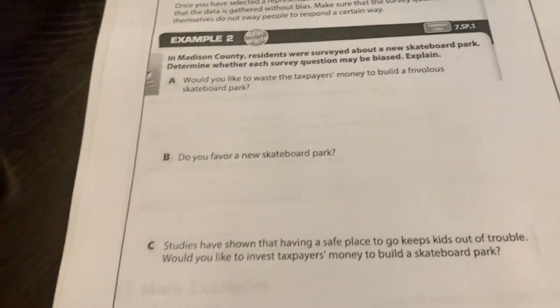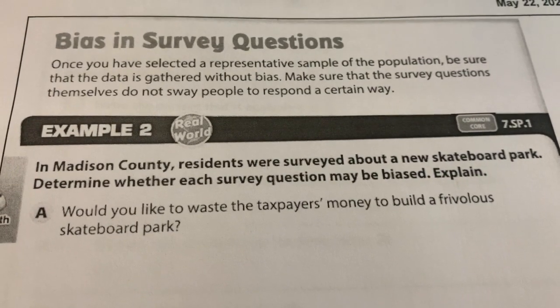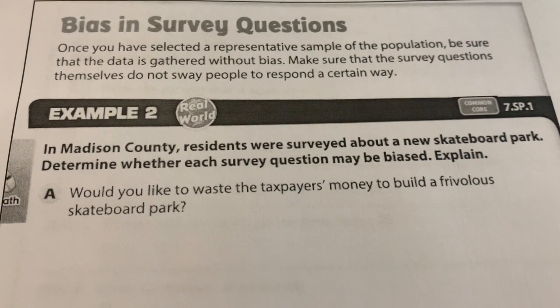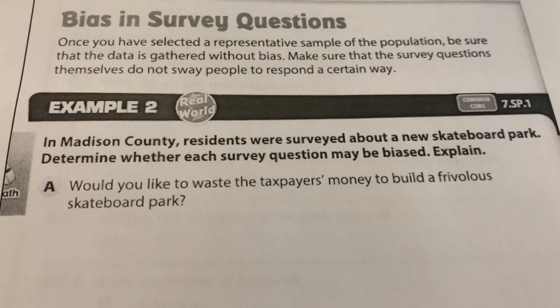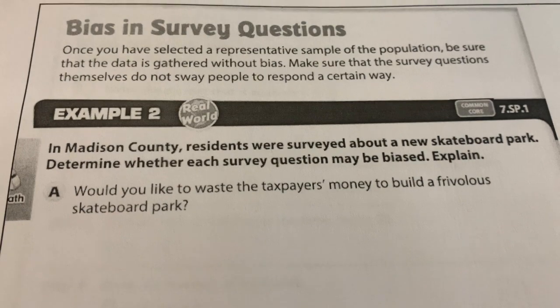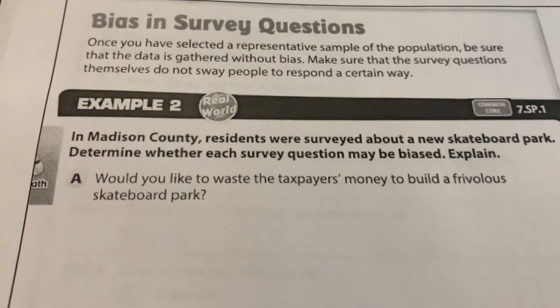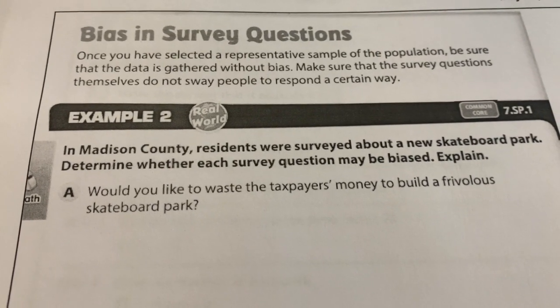Okay, now let's talk about bias a little bit more. In survey questions, it's very interesting because sometimes statisticians get their data from surveys. Now, surveys might be done online. They might be sent in the mail even these days. They still do that these days. Most of the time it's done online.